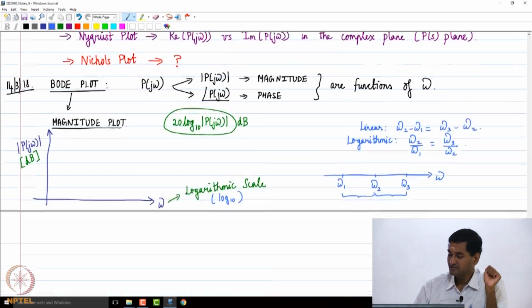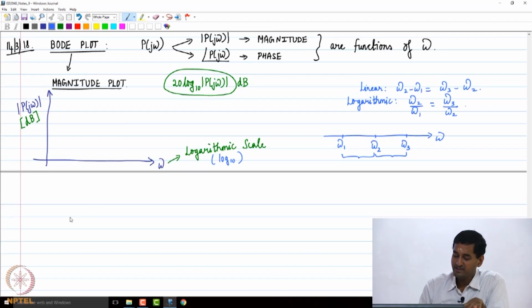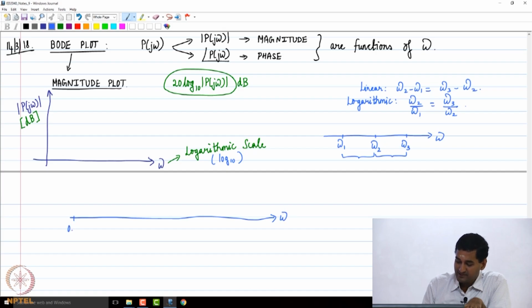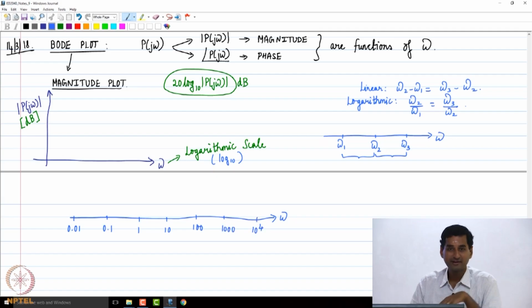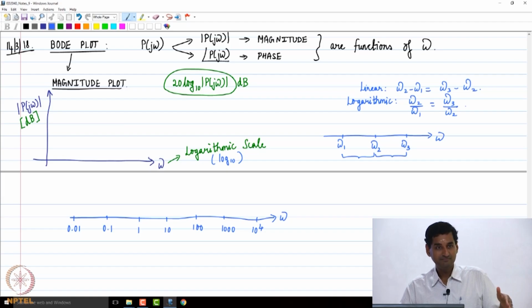For example, if I use a logarithmic scale and I want to plot omega, I can start with 0.01, call this 0.1, then 1, 10, 100, let's say 1000, you get the point, right? Then I can go to 10,000 and so on. So in a finite scale, I can cover a vast range of omega.